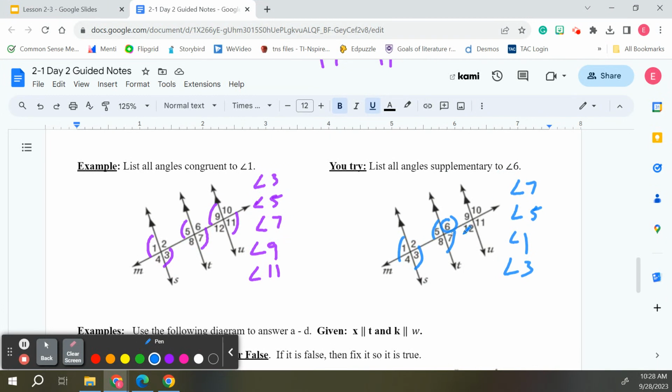Now looking at the last kind of grouping over here, we see that 6 and 9 are same side interior angles, so angle 9 would also be supplementary. And then again, if 9 is congruent with 11 by vertical angles, we would also see that angle 11 is supplementary. So you have a total of 6 angles that are supplementary to 6 with 3 parallel lines.